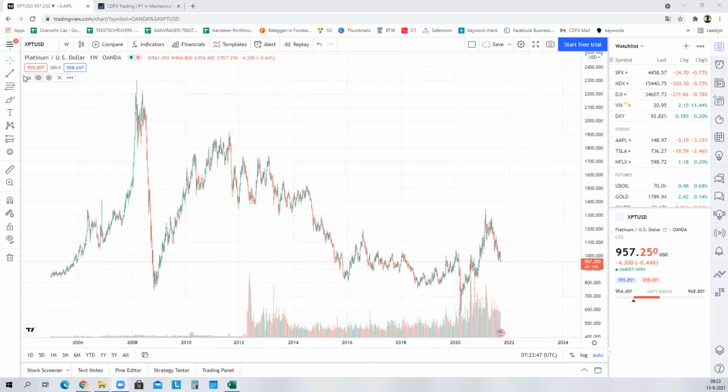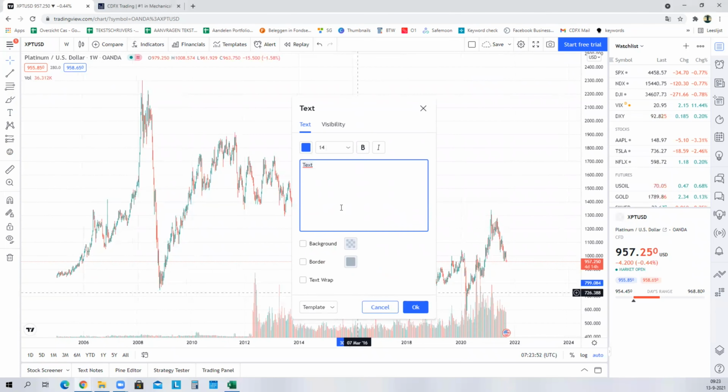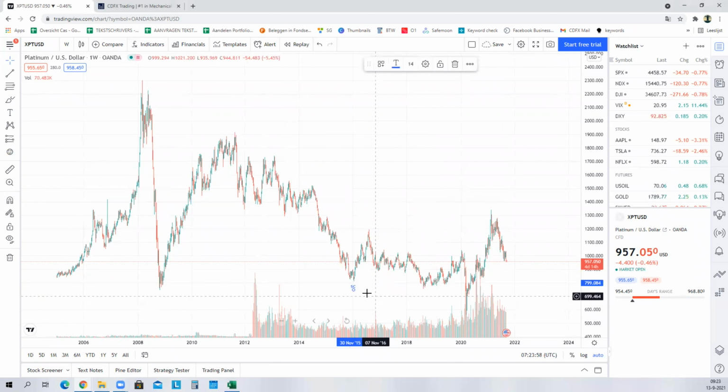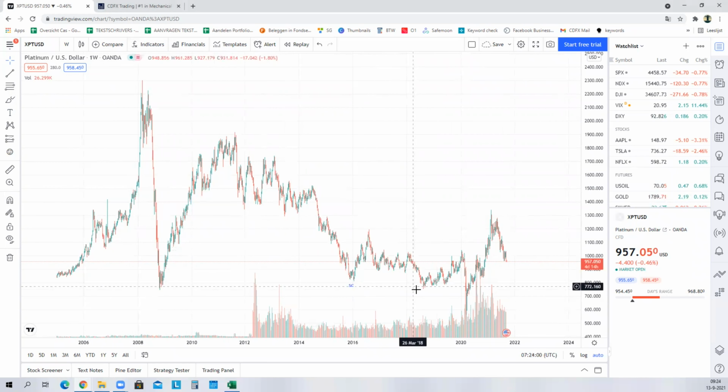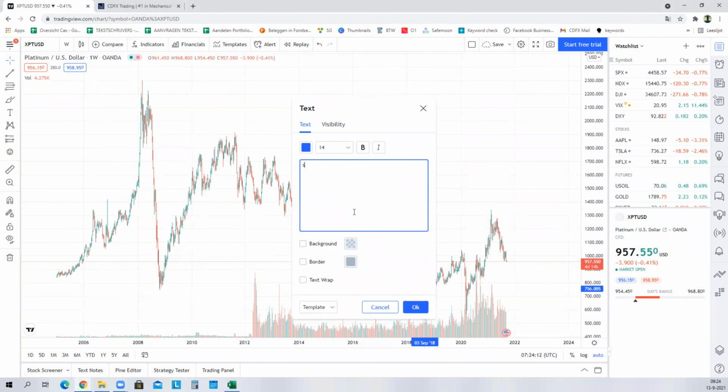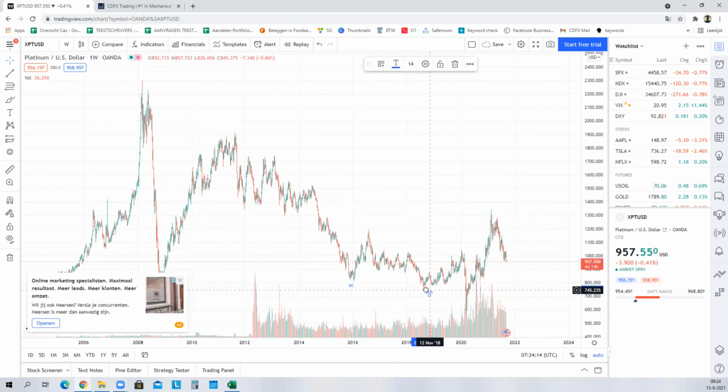So I never use TradingView, but let me see if I can label this one. Just going to label it the selling climax. Then we've got a second test, which is just below the SC, which can happen when you trade the Wyckoff method. Preferably you want it to be at the same level, but in this case, it didn't, which is totally fine.